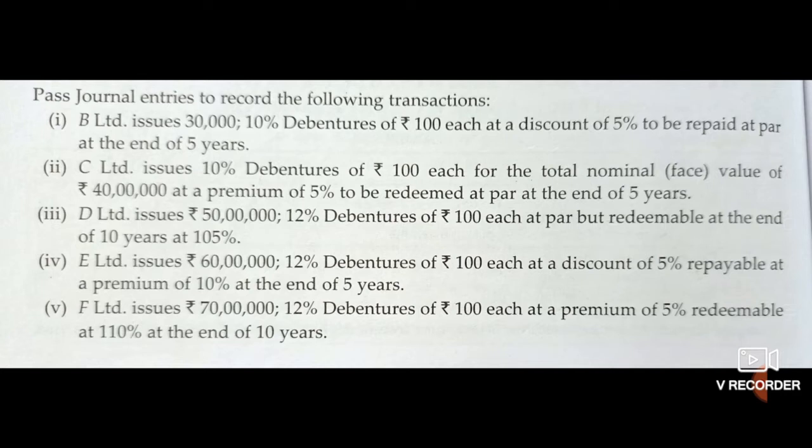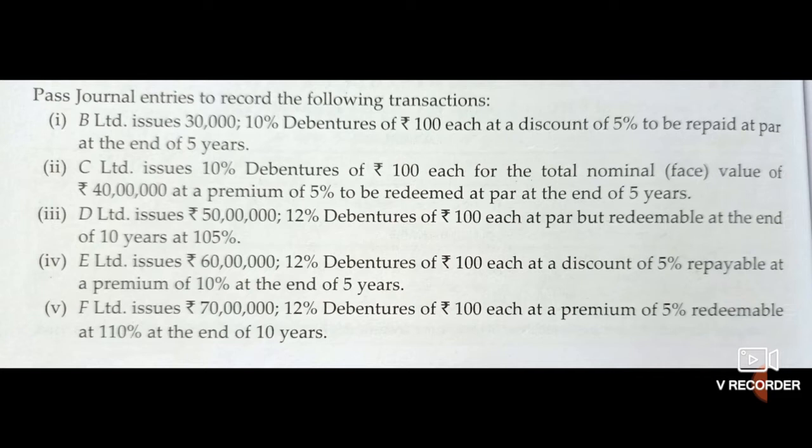So after dividing 100, 40 lakhs divided by 100, number of debentures will be 40,000. So C Limited issued 40,000 debentures of rupees 100 each at a premium of 5%, means 5 rupees more in rupees 100. So issued at rupees 105 to be redeemed at par at the end of 5 years.